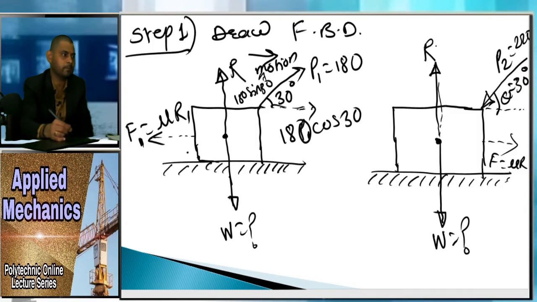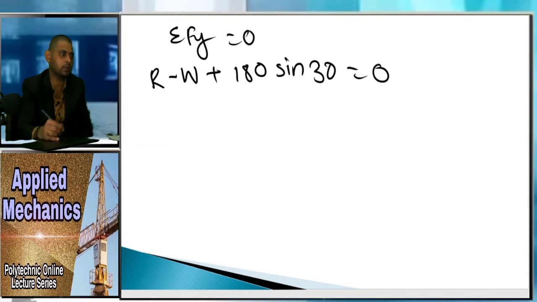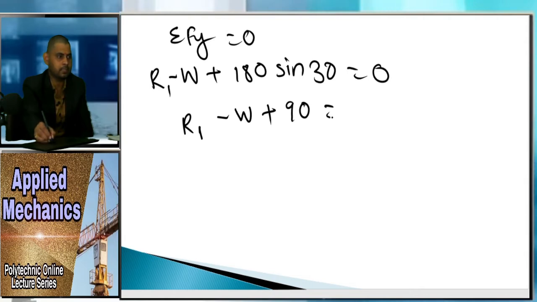Here, upward is our vertical positive and 180 sin 30 is downward, that's why negative. So R1 minus W plus 180 sin 30, whose value is 90, is equal to 0. So R1 is equal to W minus 90.